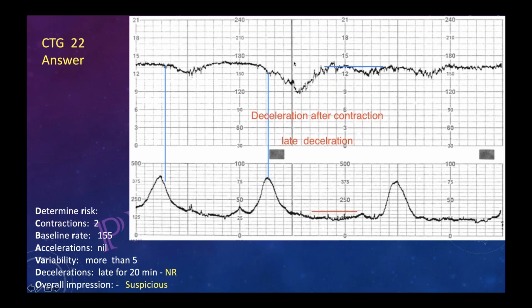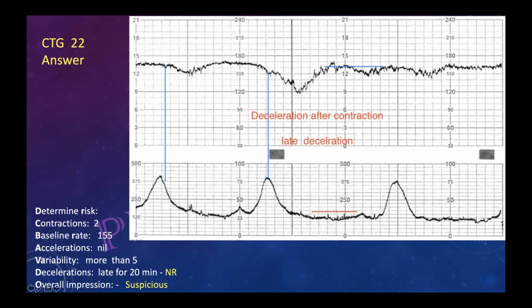But to be called a deceleration, the heart rate may be less than 15 beats per minute from the baseline. So I think the start of the deceleration is calculated from the point of about less than 150 beats per minute, and so the duration is less than 3 minutes, I think, isn't it?